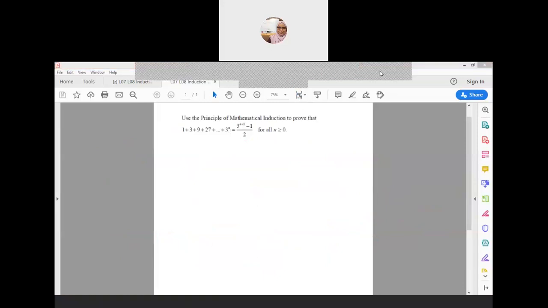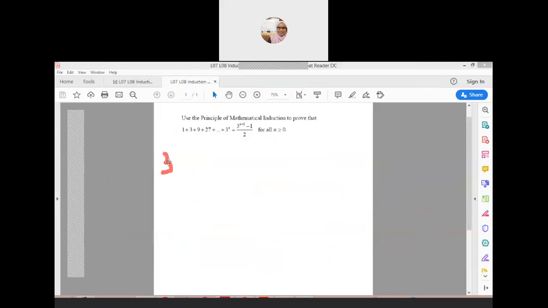Just now we know that 3 power of k plus 1 minus 1 divided by 2 plus 3 power of k plus 1 is equal to 3 power of k plus 2 divided by 1 minus 1 divided by 2.